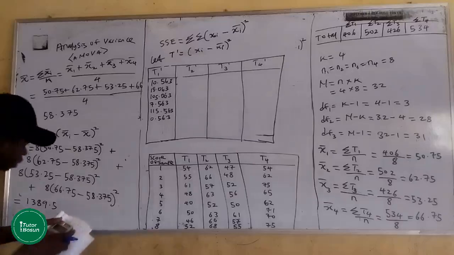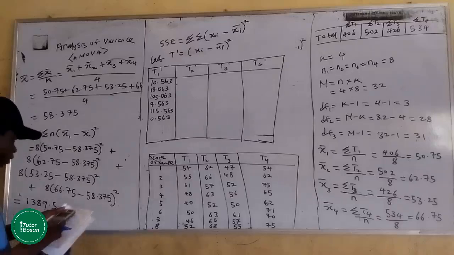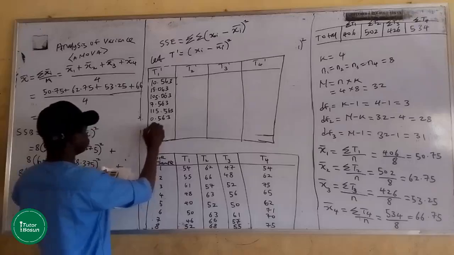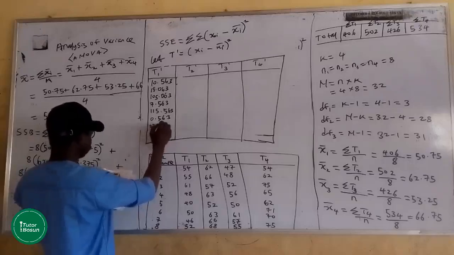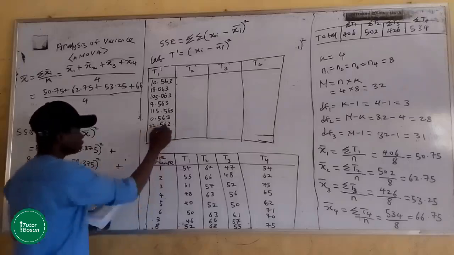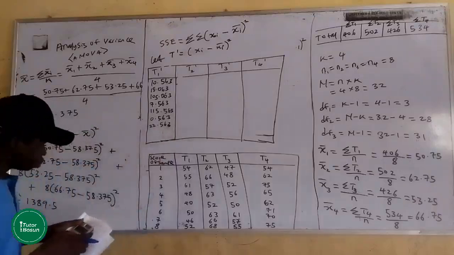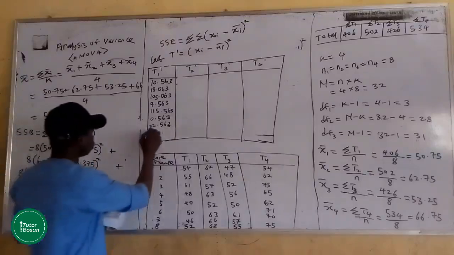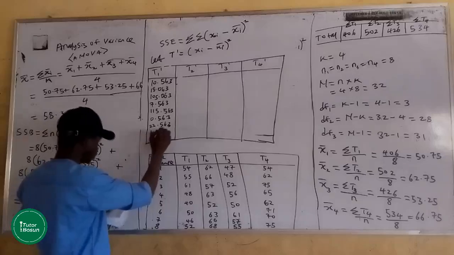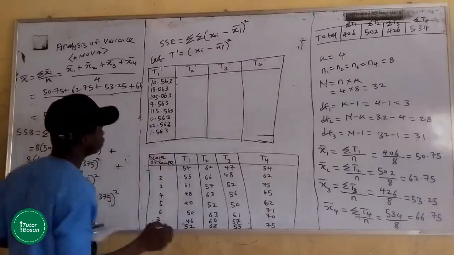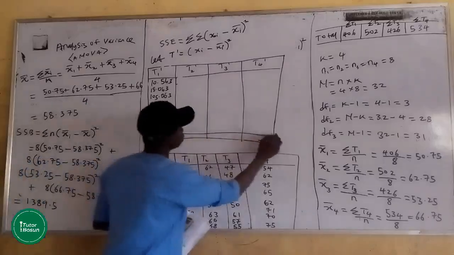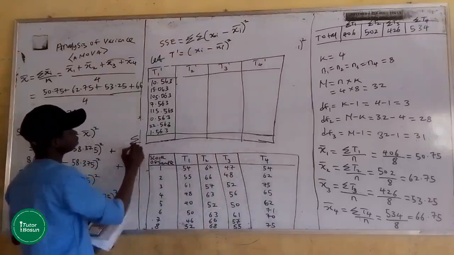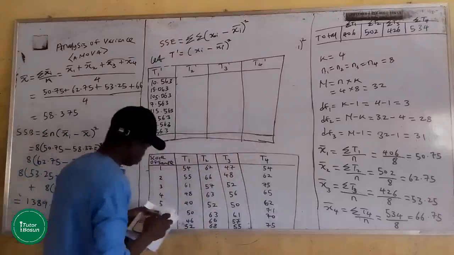The next I have 46. That's 22.563. The next I have 52, and that's 1.563. So I can keep this within my total summation. I will bring that later.